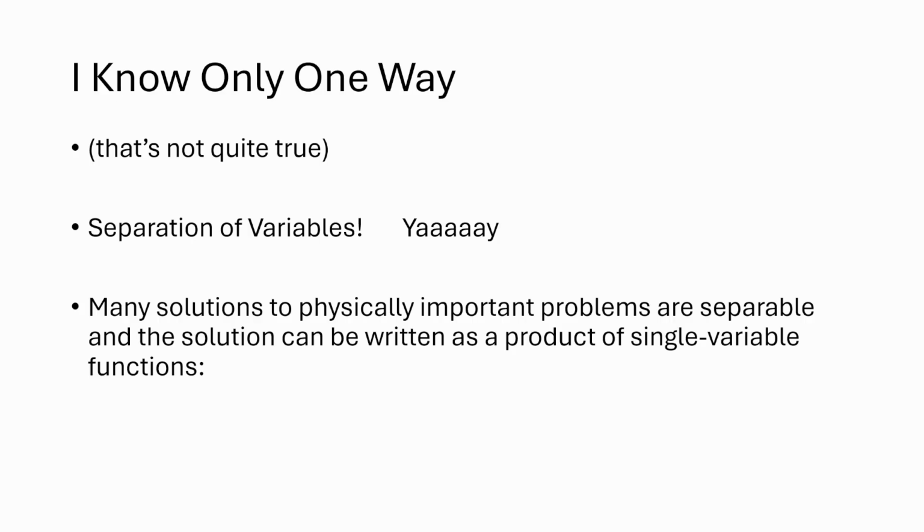Now, the reason that I bring this up is that it is useful in material science specifically. I'll look at an application at the end of the video, but for lots of physically important problems, you can write this overall function of spatial and time variables as a product of functions of the individual variables.